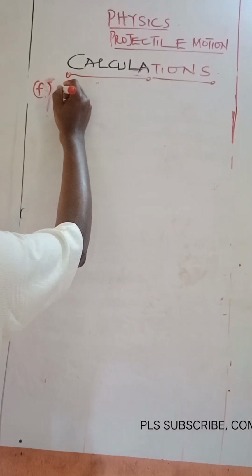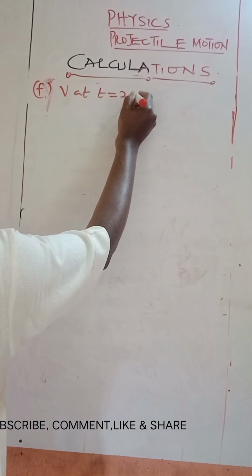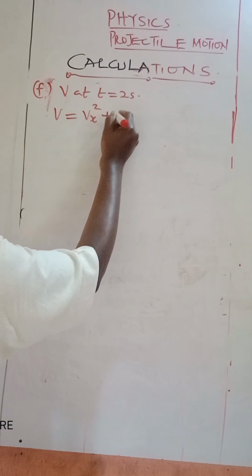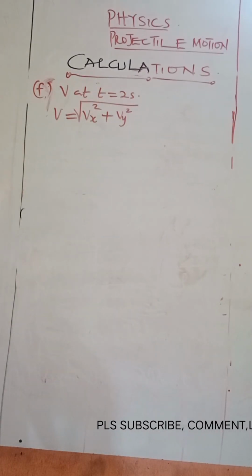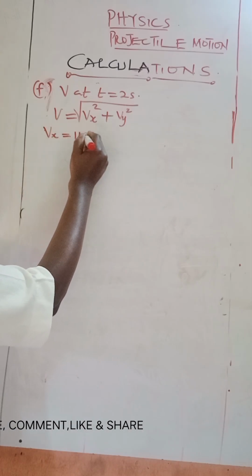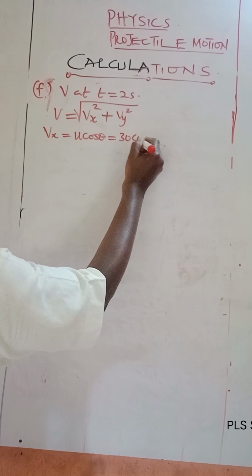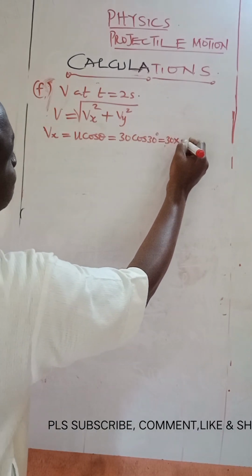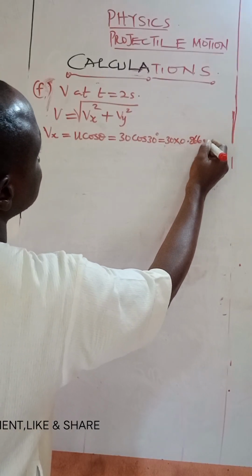F, the velocity at t equals 2 seconds. Recall that v is equal to the square root of vx squared plus vy squared. That's the formula for the final velocity. So vx is equal to u cos theta, so it's equal to 30 cos 30 degrees. So 30 times 0.866.